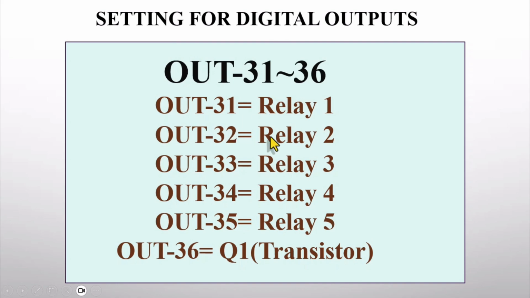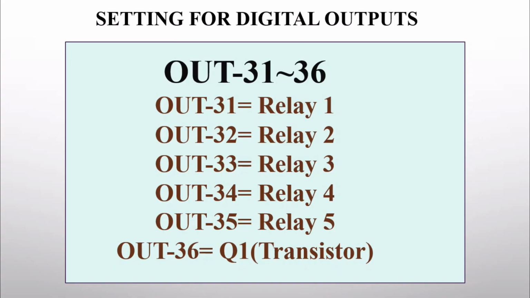Out 32 is for relay 2, out 33 is for relay 3, and 34 is for relay 4, out 35 is for relay 5, and out 36 is for the transistor output, or the same Q1 terminal of the H100 inverter.